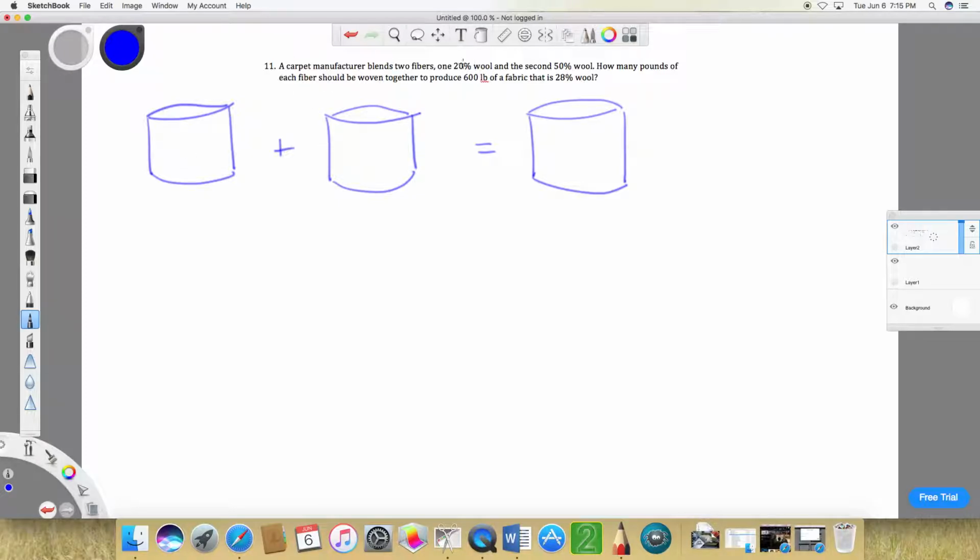We're measuring the concentration of wool. So we have 20% wool, and we're going to add 50% wool. The final concentration should be a number between 20 and 50, and we do get that with 28%.